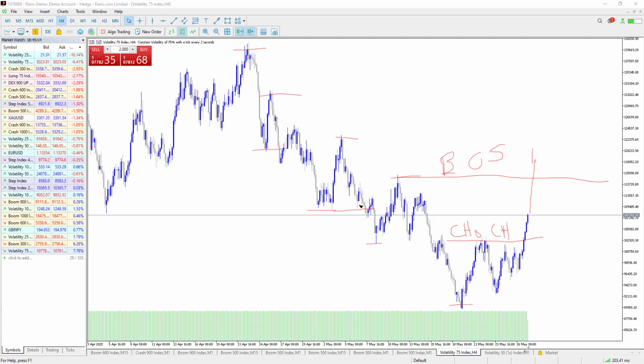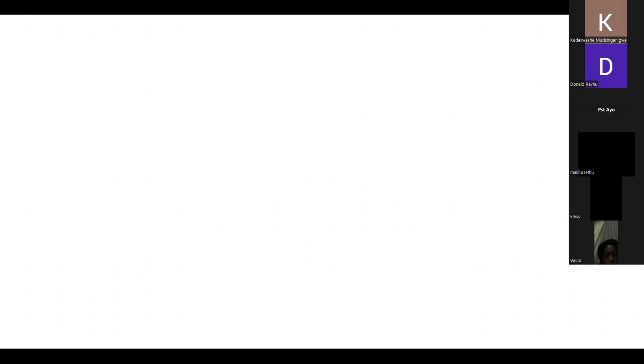So usually, if you want to spot if our new high or our new low has been made, what I usually do, me myself, I don't know about others, I use the three candlestick rule. I'll also show you on the actual chart.